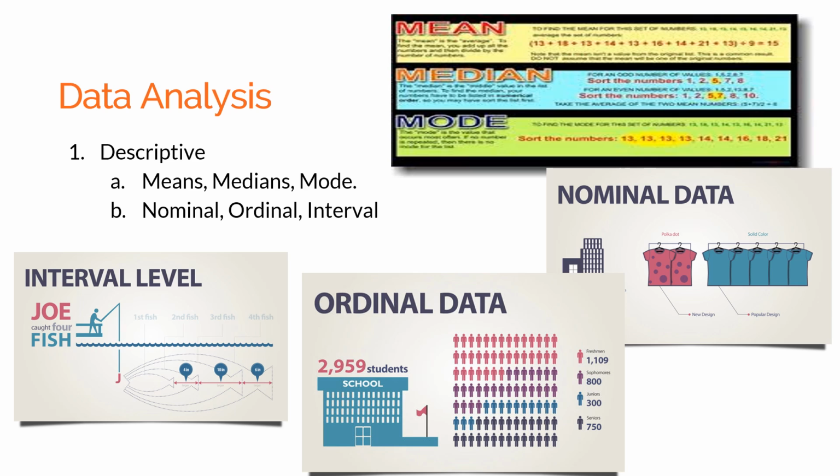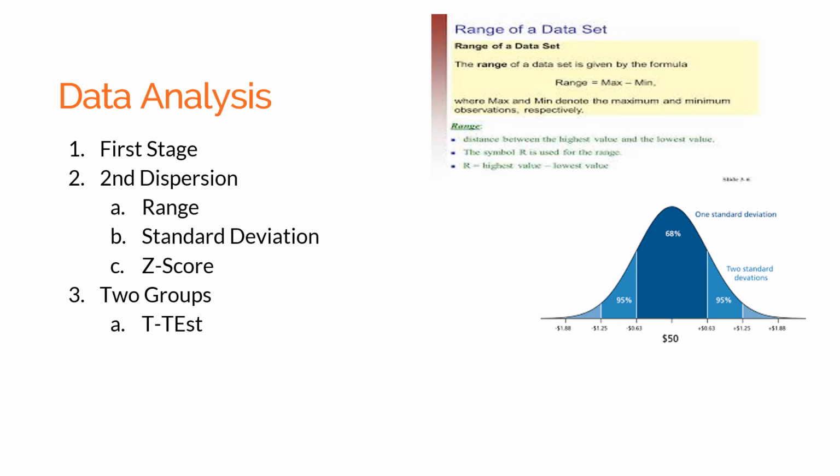Ordinal being which order from first to last, interval being weight, age, and income, and nominals being given a set number, so 1, 2, 3, 4, 5.